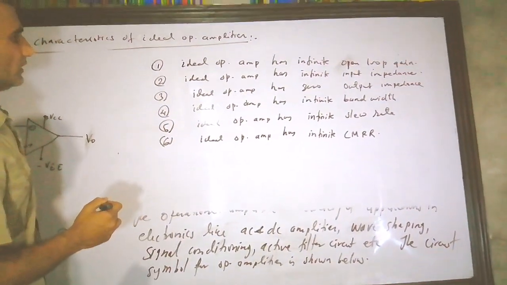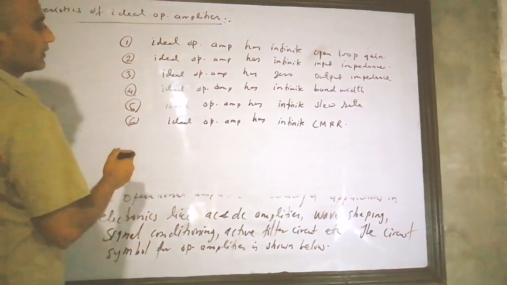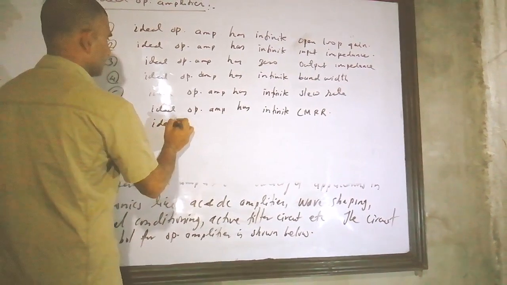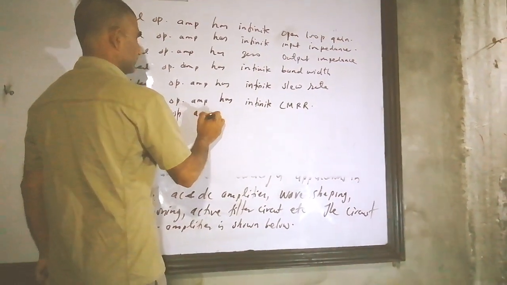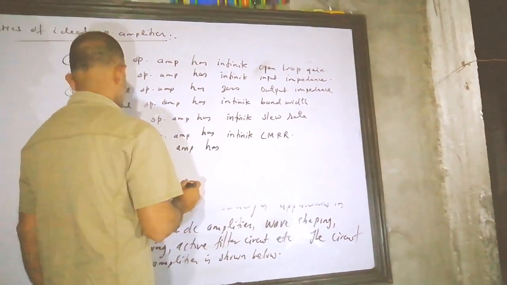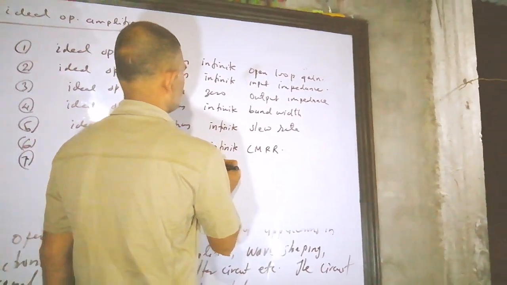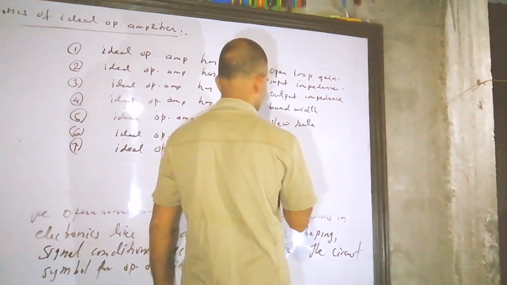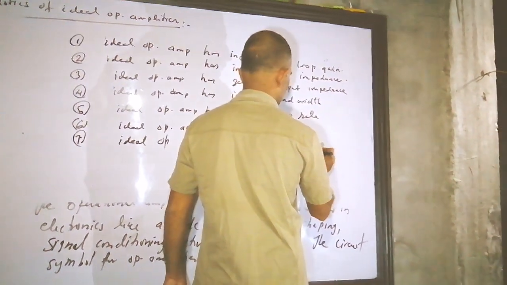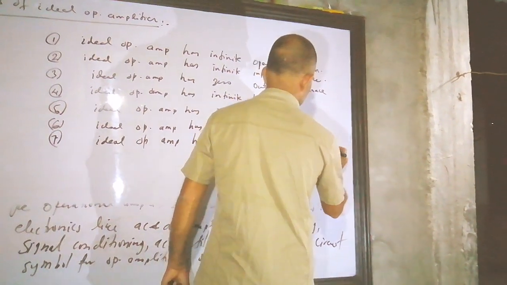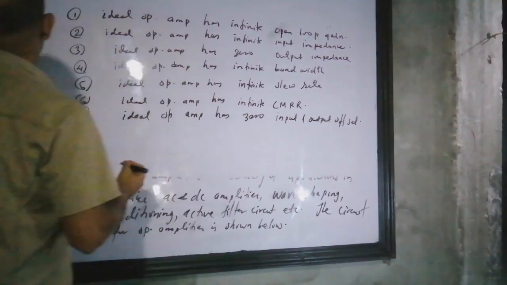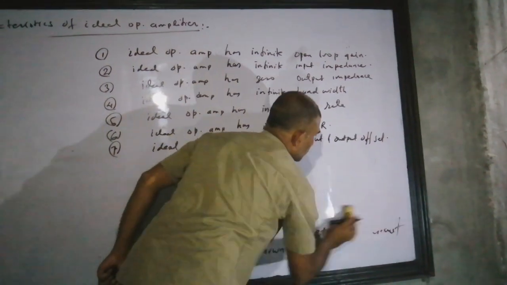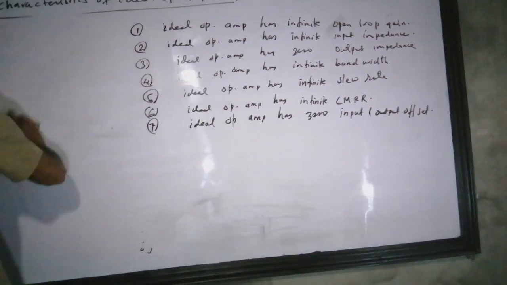Okay, and so 7 number, the ideal op-amp has zero input offset and output offset. So let's log this stuff, and you can pause the video anytime to copy this if you need.